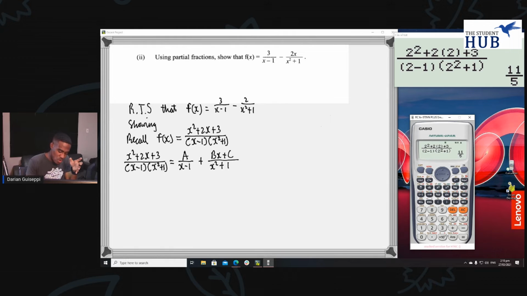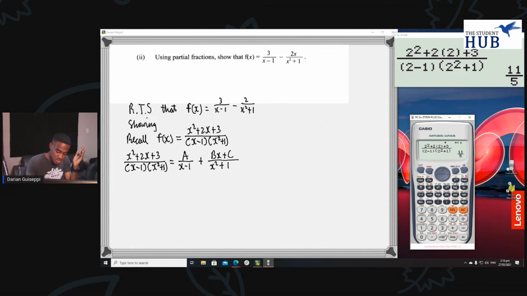For the quadratic factor, this is the corresponding fraction. The general form is normally ax plus b over whatever the quadratic factor is below. So these are the corresponding fractions for each one of these factors, respectively.